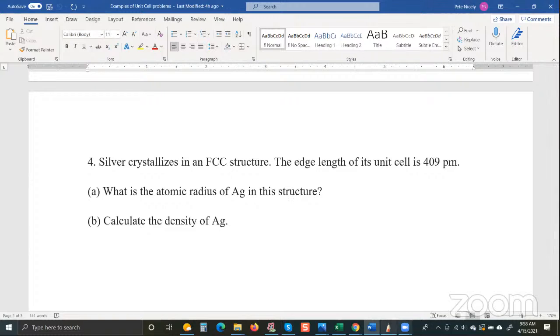So based on the formula that we used before, the radius would be equal to A, the length of the cube, divided by the square root of 8. So the length of the cube is given as 409 picometers, divided by the square root of 8.